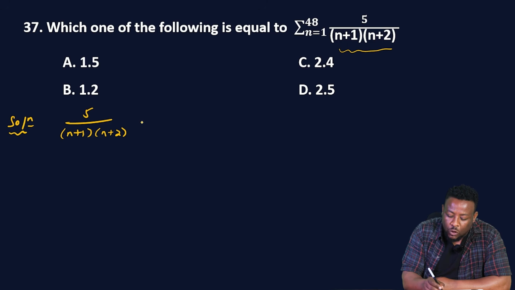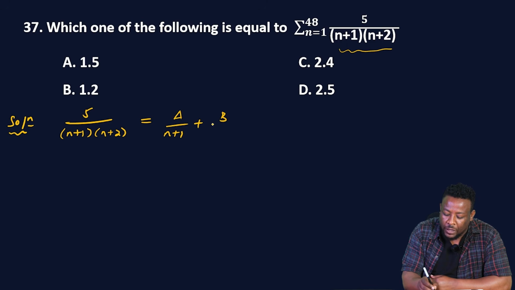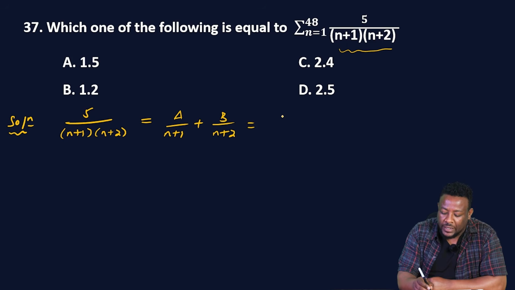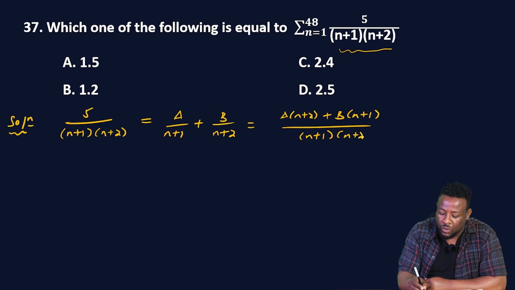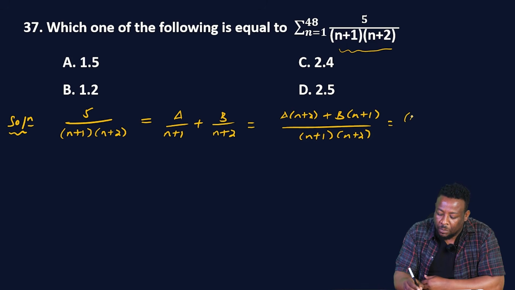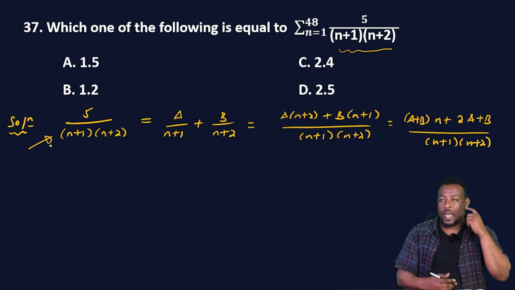So ይህንን በdecomposition into partial fraction ስንጽፈው ምንድነው የሚሆነው? a over n plus 1 plus b over n plus 2 ይሆናል። Okay, so ይህንን rewrite ስናደርግ this can be written as a into n plus 2 plus b into n plus 1 over n plus 1 times n plus 2 ነው የሚሆነው። Okay, distributing and collecting like terms ይሄ ምን ይሰጠናል? a plus b times n plus 2a plus b ይሆናል ማለት ነው። This is equivalent to 5 over n plus 1 times n plus 2.